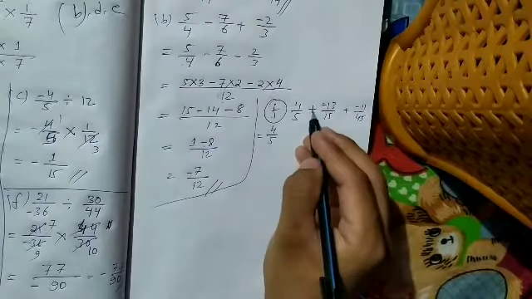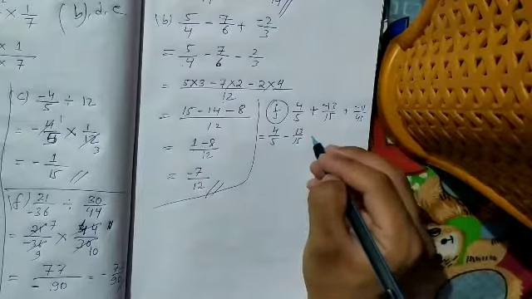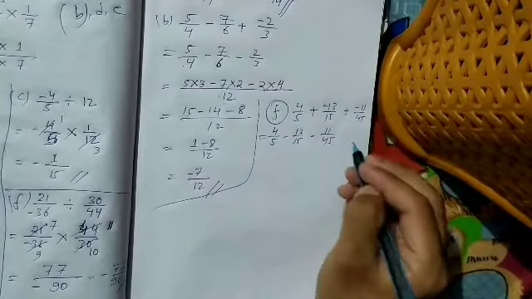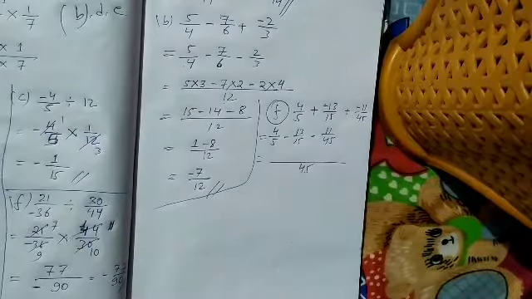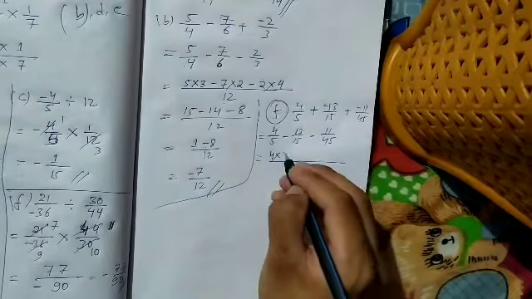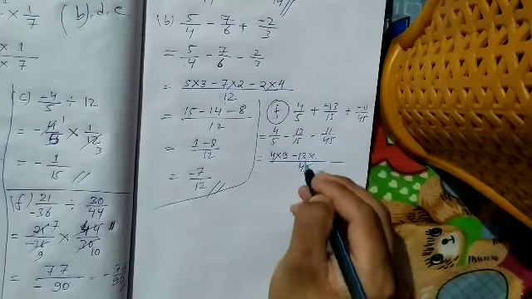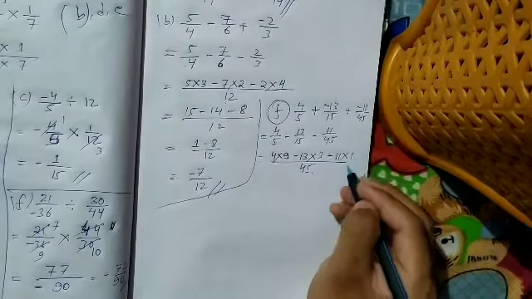First you multiply the sign, plus into minus, minus 13 by 15, plus into minus, minus 11 by 45. If you find the LCM of the denominators, it will be 45. So it will be 4 into, 5 how many times is 45? 5 9s, minus 13 into, 15 how many times? 3 times, minus 11 into, 45, 1 times.